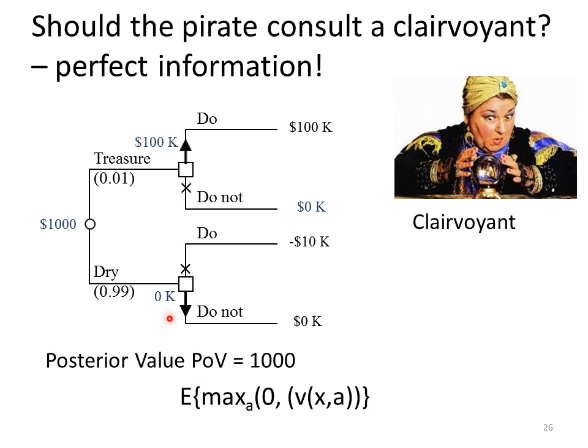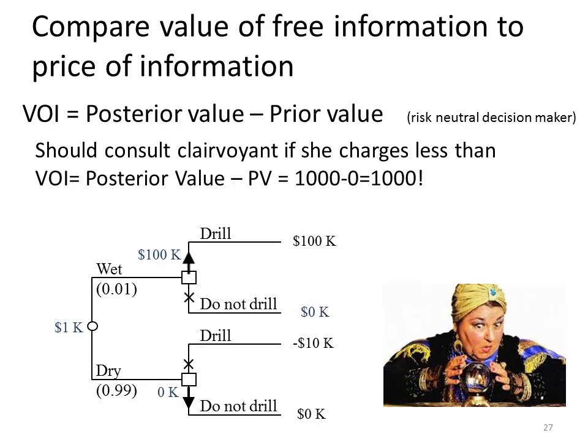In this case the posterior value with perfect information comes out to be 1000. And so the value of this perfect information will be the posterior value minus the prior value, for a risk neutral pirate. And so if the price is less than this value, then yes, the pirate should consult the clairvoyant.